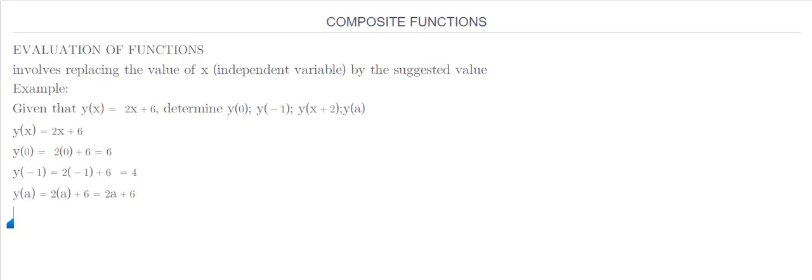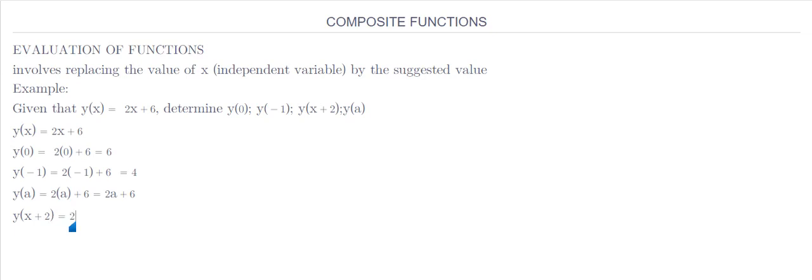Now let's look at the last one there. Y of x plus 2. Now this means that instead of putting x in the function that you have there, we are going to be putting x plus 2. Instead of putting x there, we are going to replace it with x plus 2. Let's see.